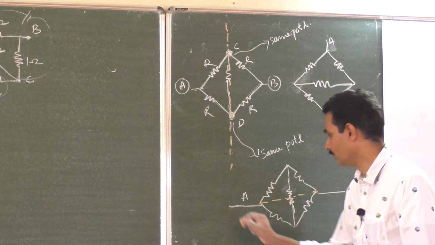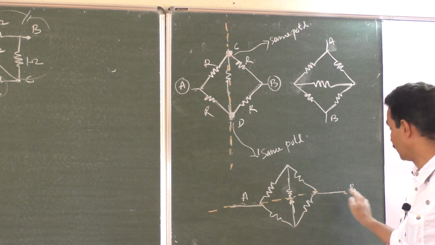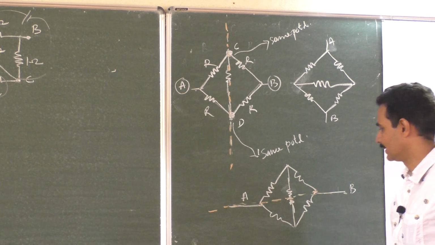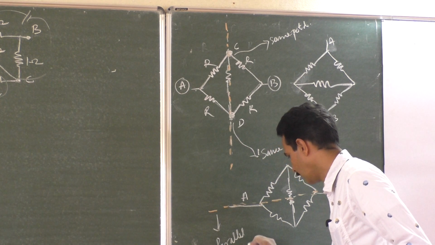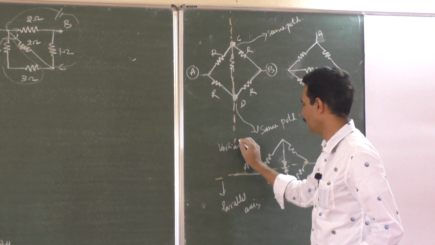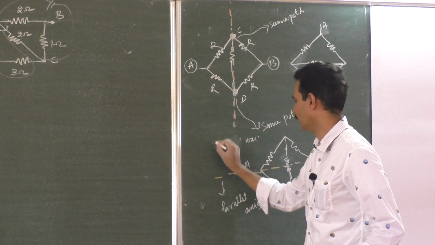But where is the axis now? The axis is along the points where it is connected, where the resistances are asked. It is along the points. So I call this a parallel axis, and I call this a vertical or perpendicular axis. What do you mean by parallel and perpendicular?